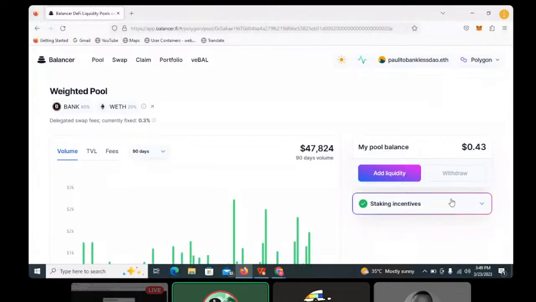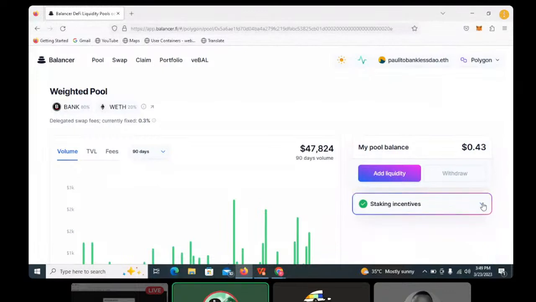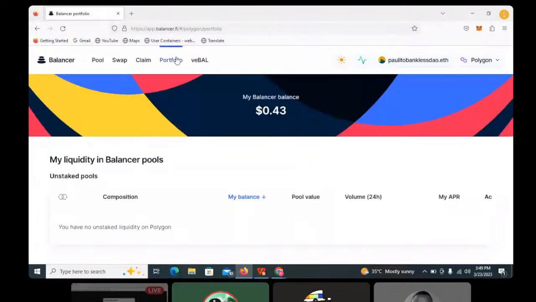That's how it actually works. The higher you invest in a particular pool, the higher chance you have of getting higher BANK rewards.